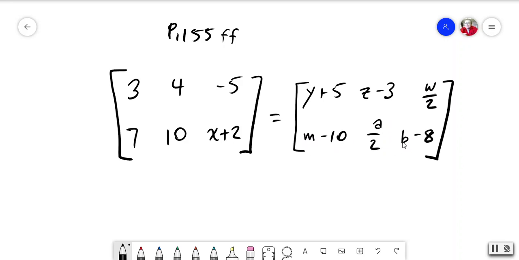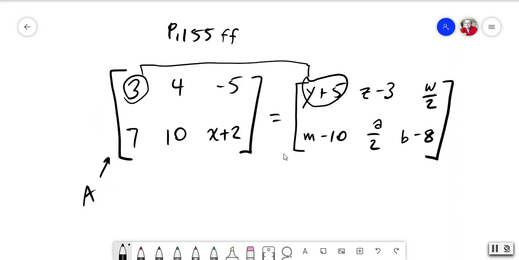and b minus 8. Okay, so basically each number corresponds to the expression in the corresponding place in the other matrix. So if we call this matrix A and this is matrix B, this position is A11, and just to distinguish, I could say B11.